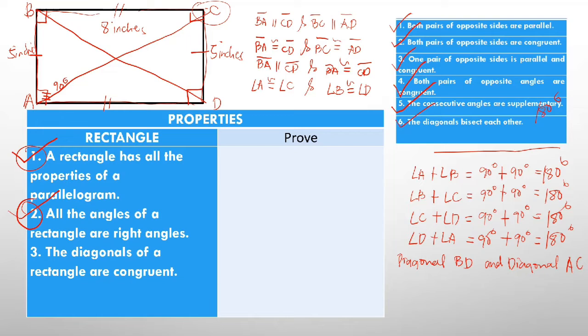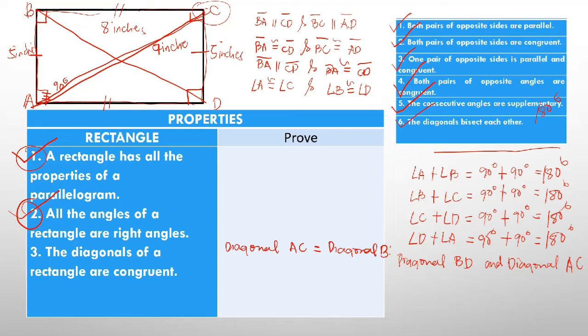So, ibig sabihin, if our diagonal AC natin is equal to 9 inches, etong buong line na natin ng diagonal AC is 9 inches, then diagonal AC is equal to diagonal BD.